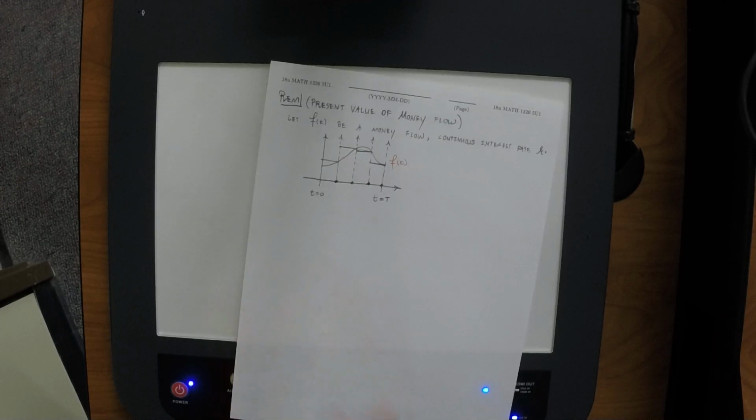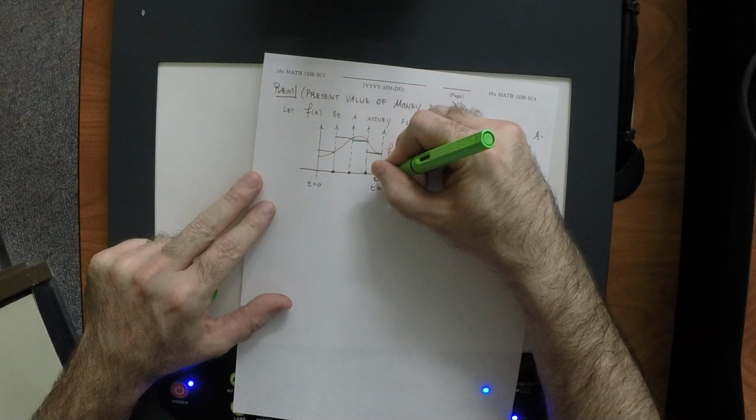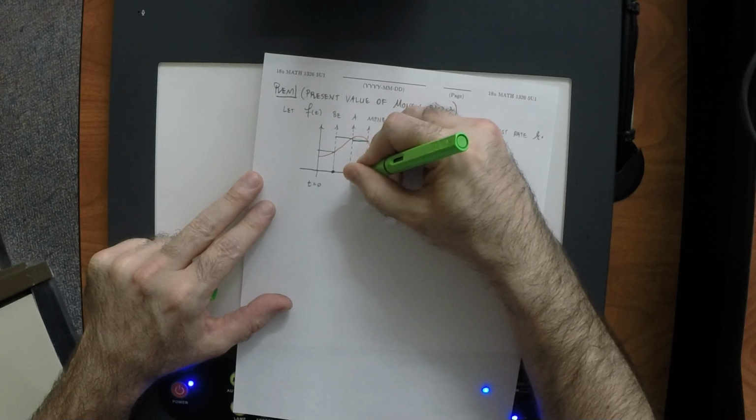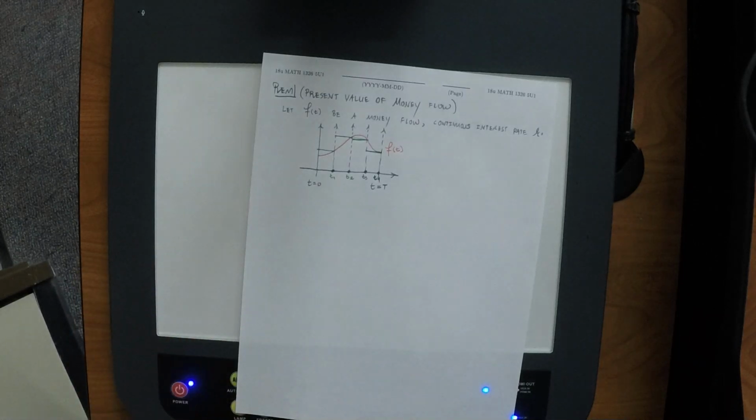So, in particular, giving these things their common names, this one over here would be T4, this one would be T3, T2, T1.